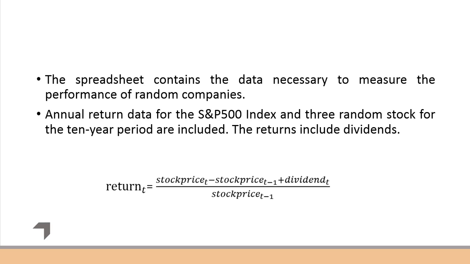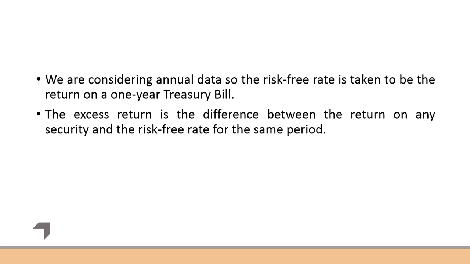So if you want to know how to calculate the return of a stock or an asset in a specific period of time, you should take the stock price at the end of the period minus the stock price at the beginning of the period, plus the dividend that you have gathered from the company, divided by the stock price at the beginning of the time period.